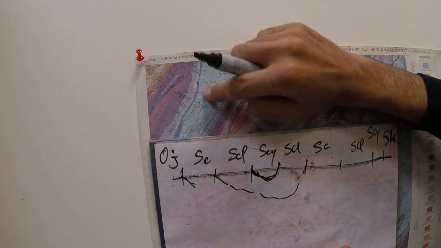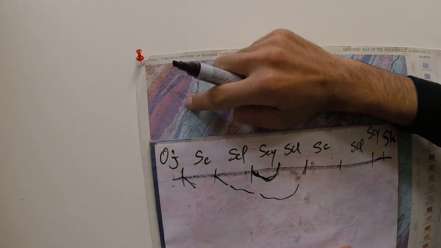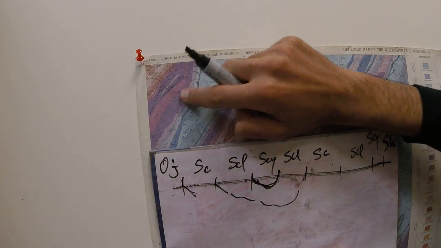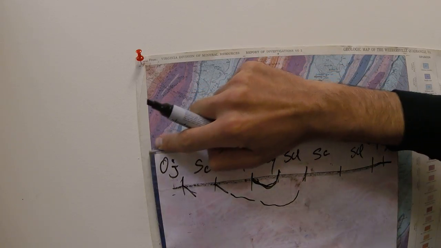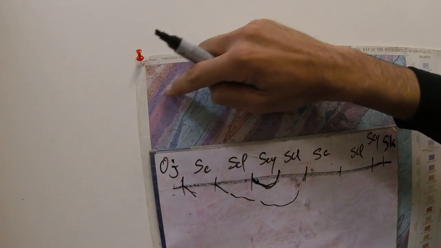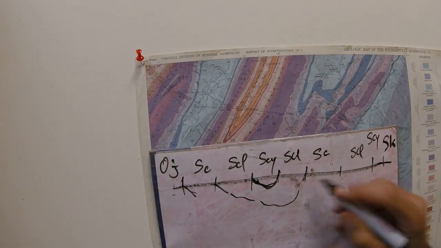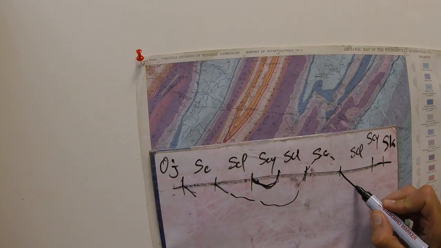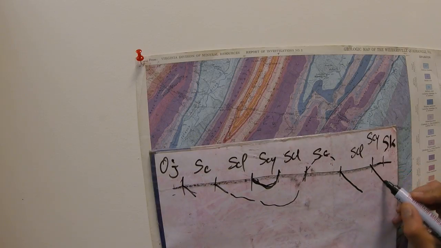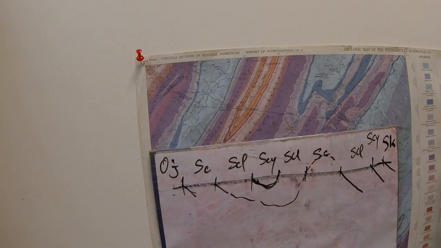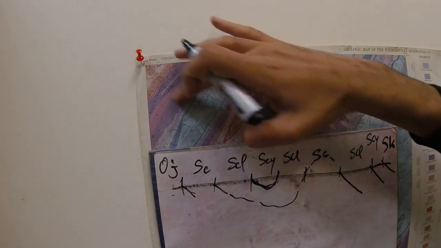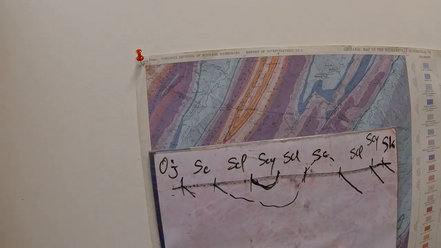And when we get on that side, we don't have that many dip and dip direction symbols here, but we have this 35, and we need to explain the SCL coming back on the other side. So we're going to have another anticline here to be able to bring the SCL here, and then the SCY, and then we get back into that morphology with this northwest side of the anticline.